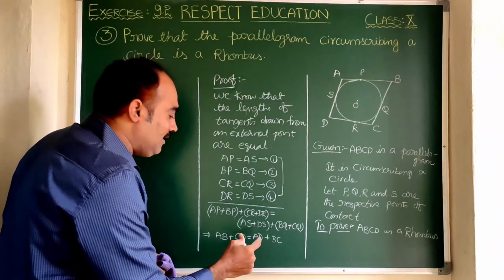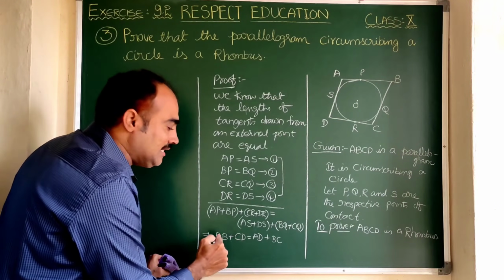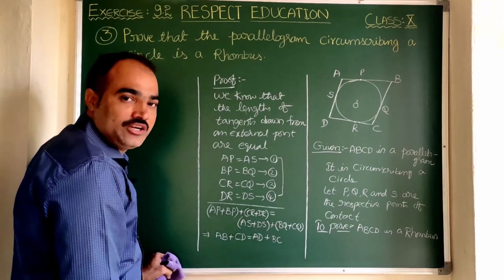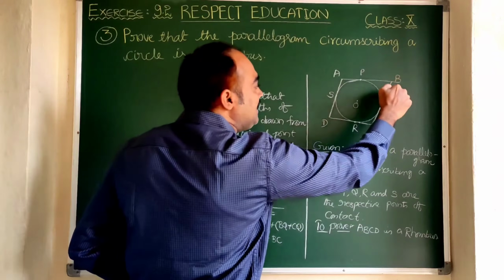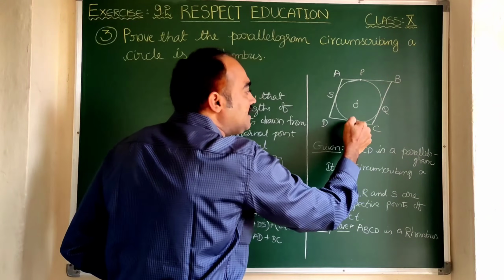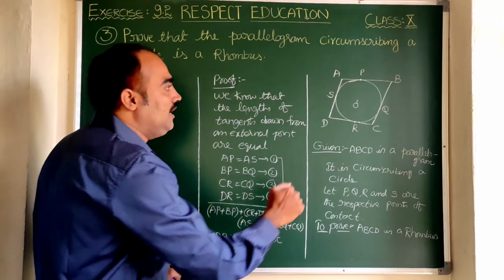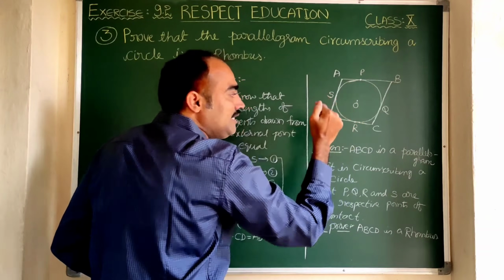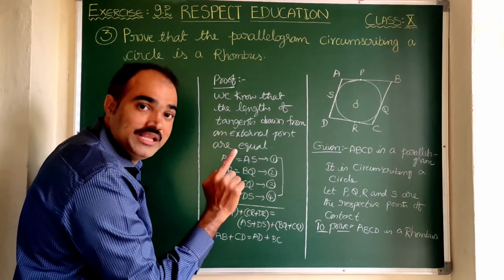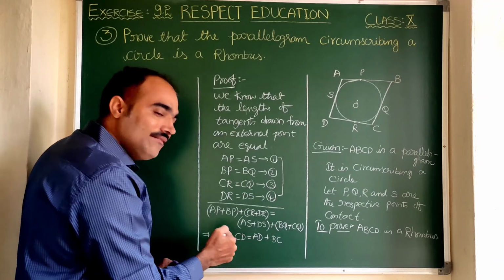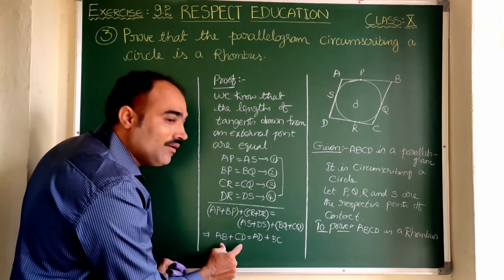That means here we got that the sum of the lengths of the opposite sides are equal. Along with that, we know that since ABCD is a parallelogram, opposite sides are equal. So we can write AB is equal to CD. That means I can replace either AB with CD, or I can replace CD with AB. But you do any one of the things.